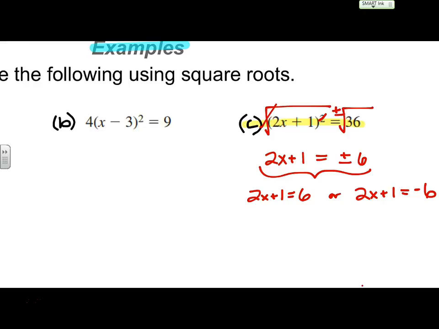Now I just need to solve these 2 equations for my 2 answers and I'm done. So how do I solve with PEMDAS? Do I move the 2 first or the 1 first? Subtract the 1, and over here, 2x equals 5. I'm going to do the same steps on this equation. Negative 6 minus 1, negative 6 plus a negative 1, is negative 7.